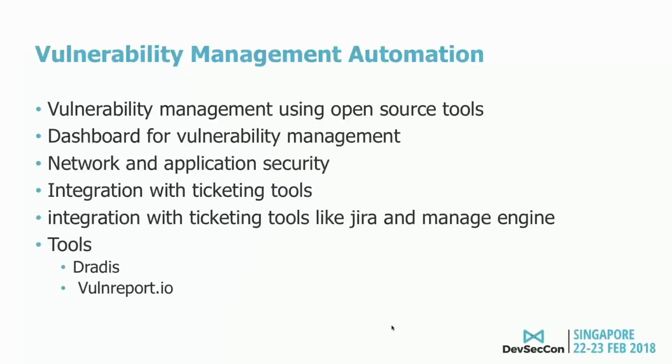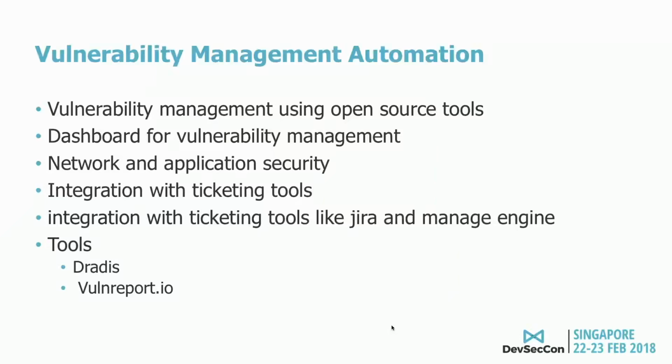As a vulnerability management framework, we have used Dradis and Vulnreport, two open source frameworks, through which we manage and track our vulnerabilities. Every day, whenever we scan, we get around 15 to 20 vulnerabilities, which automatically get pushed to these two frameworks.